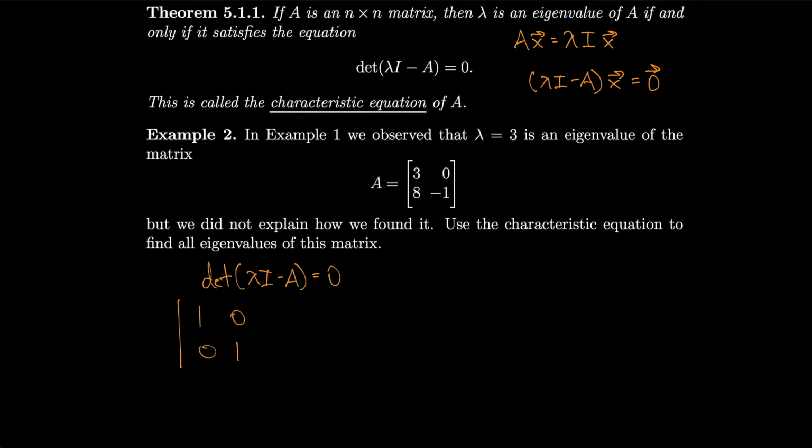I'll take lambda times that, so I'll get lambda, lambda, and then zeros. But how about I subtract off A now? 0 minus 8 will give me minus 8 over here. 0 minus 0, well, this will stay 0. And then I'll just subtract off 3 and minus 1 from the lambdas. Right?